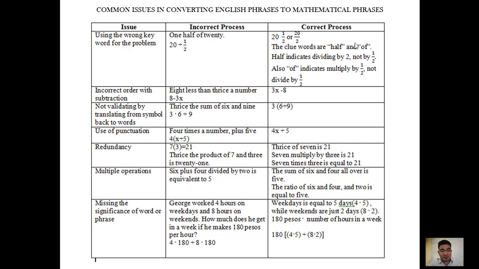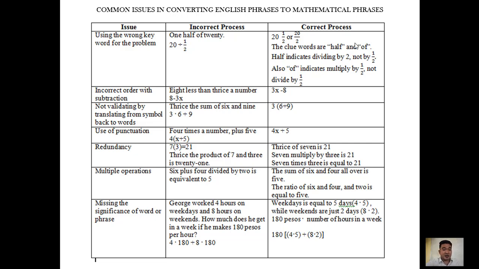From the phrase, 8 is stated first, so some of the students write it as 8 minus 3x. Well, in fact, that is wrong, because 8 is supposed to be written after thrice a number. So that should be 3x minus 8.